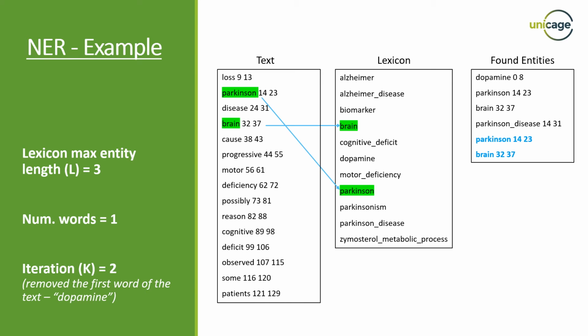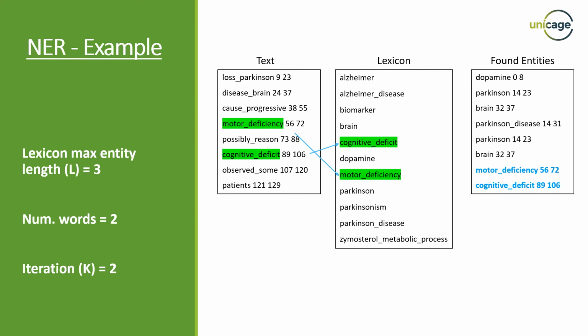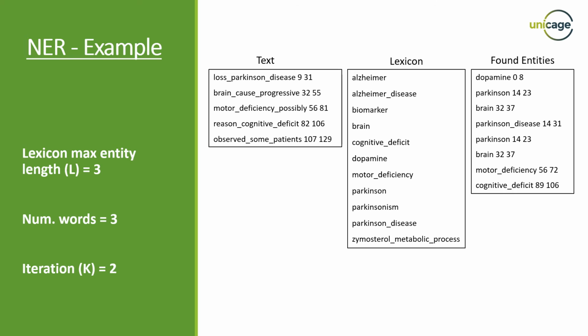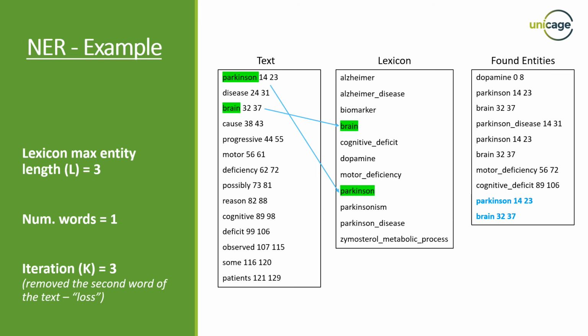The number of words per line will be equal to 1 again, and join detects the entities brain and Parkinson. Now, in the combination of 2 words per line, we are able to detect 2 entities that we didn't detect before, which are cognitive deficit and motor deficiency. We pass again to the combination of 3 words per line, and again, no entity is found.